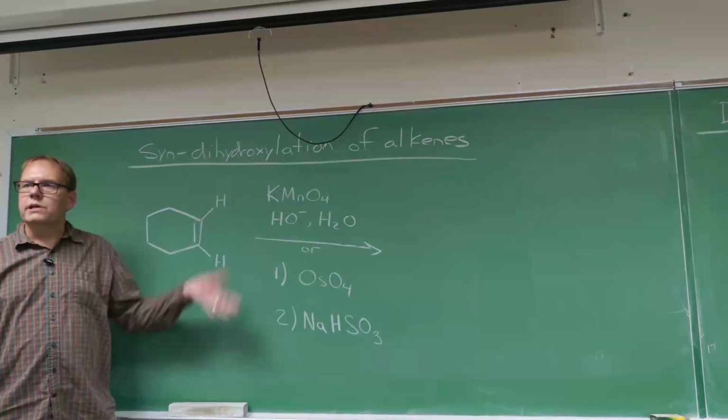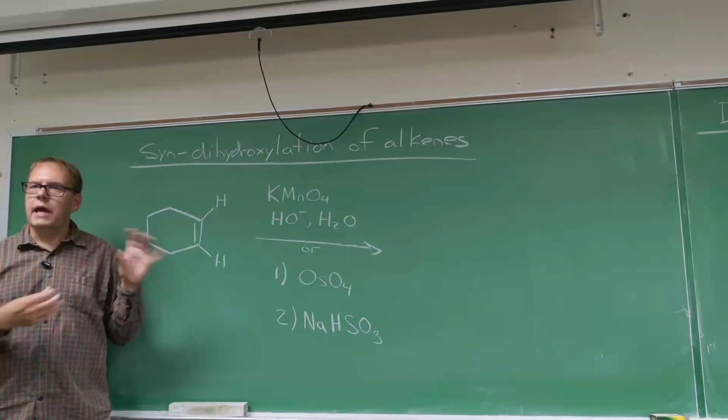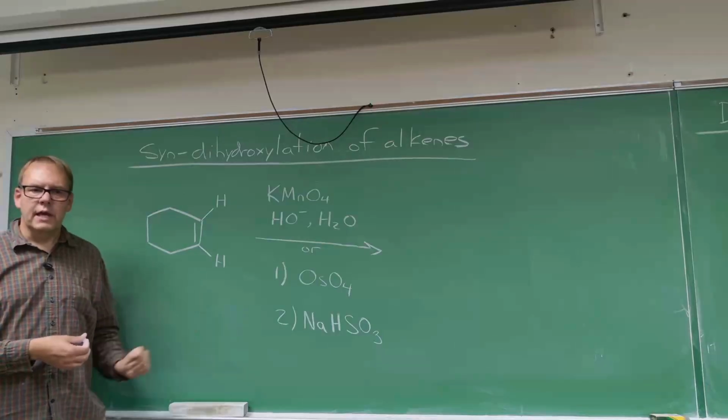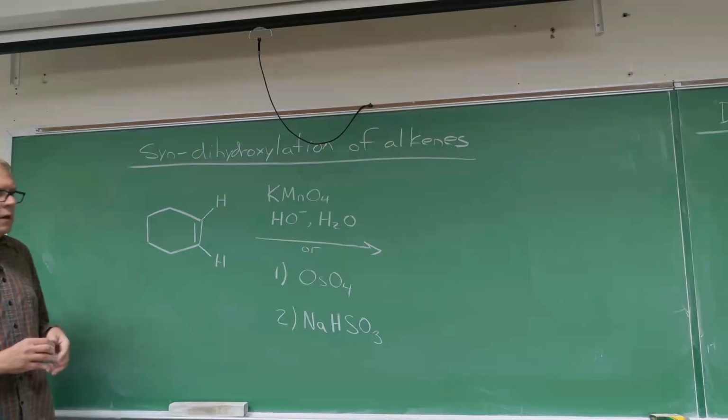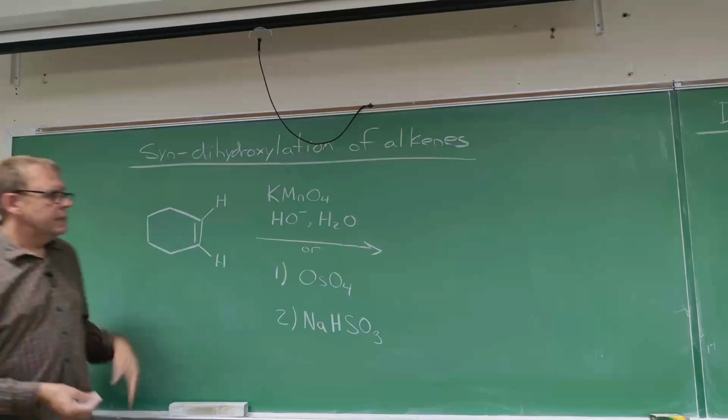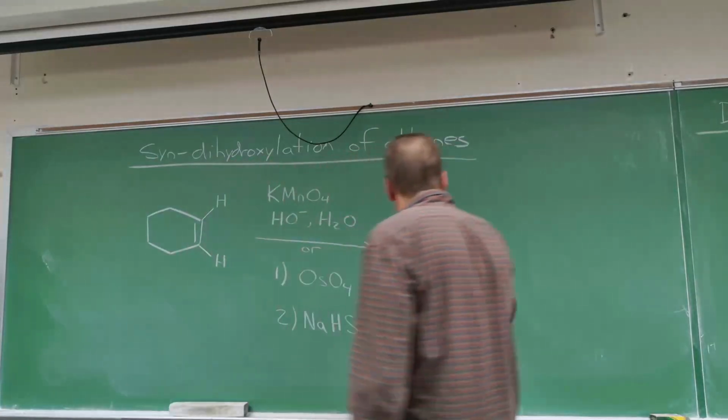These are two reagents that are described in the table that you've got of reagents. So we're just kind of working down the list in the table that I gave you to explain all the reactions that are happening. The product is going to be something called a syn-diol.